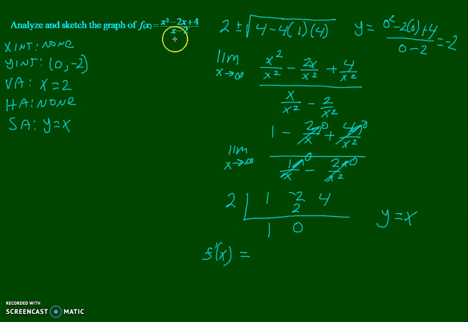So we have low d high: low, times the derivative of the high, which is 2x minus 2, minus high, x squared minus 2x plus 4, d low. The derivative of the low function, the denominator, is just 1, all over low squared.